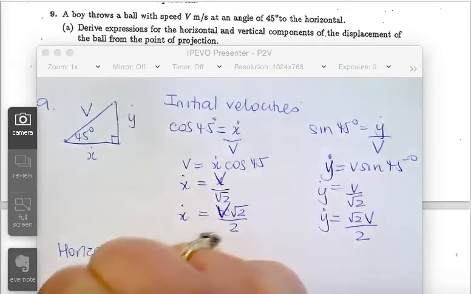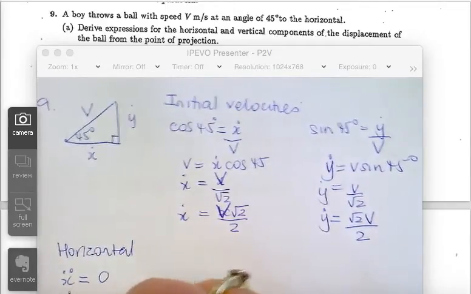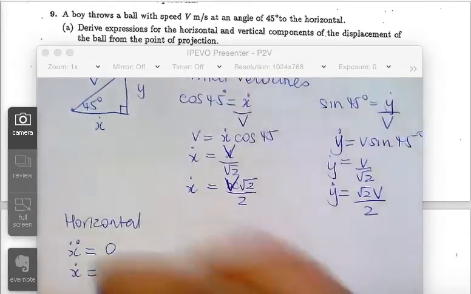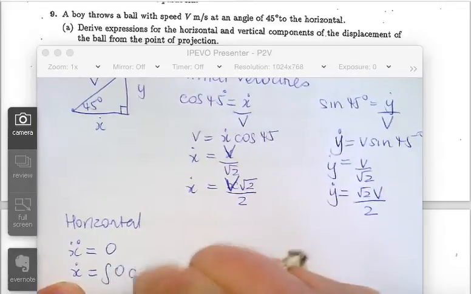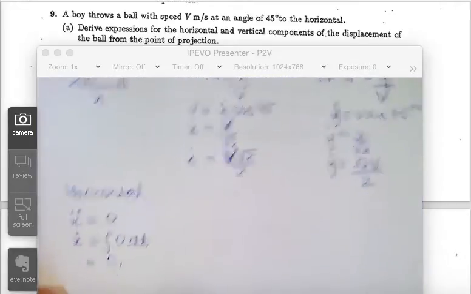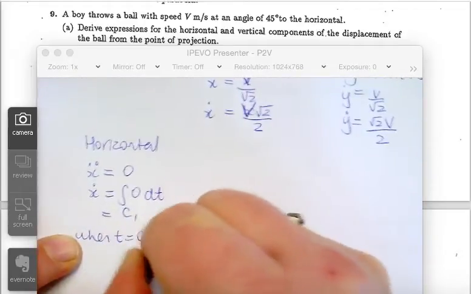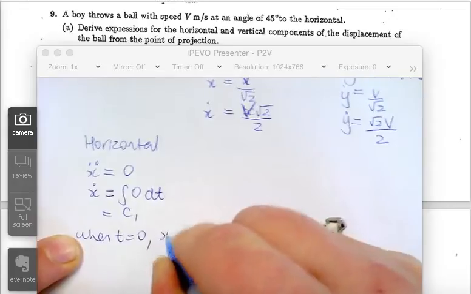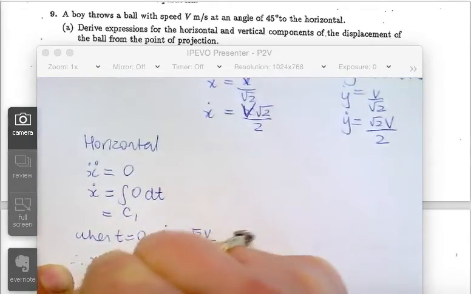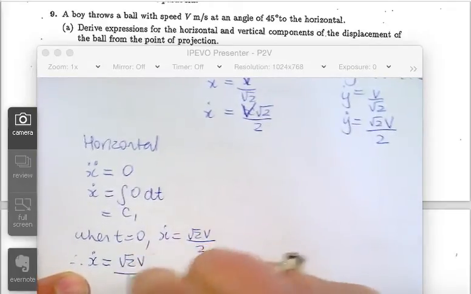Okay, now the 6 equations. Horizontal. Acceleration is 0. Have you got those, girls? All right. The velocity is the integral of 0 dt, which equals constant 1. So when t is 0, x dot is root 2v on 2. So therefore x dot is root 2v on 2.